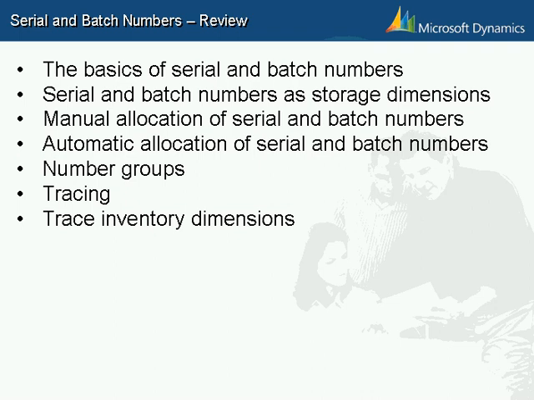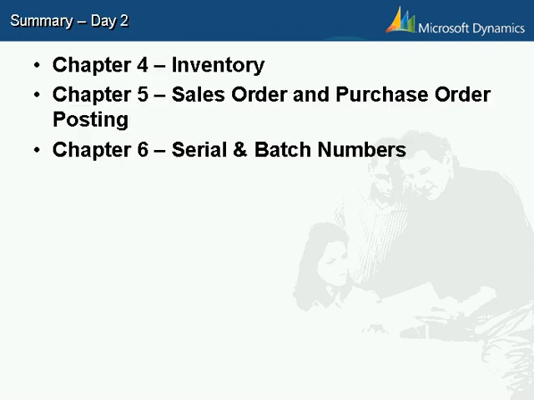The basics of serial and batch numbers. So we covered the basics of serial and batch numbers: serial and batch numbers as storage dimensions, manual allocation of serial and batch numbers, automatic allocation of serial and batch numbers, number groups, tracing, trace inventory dimensions.